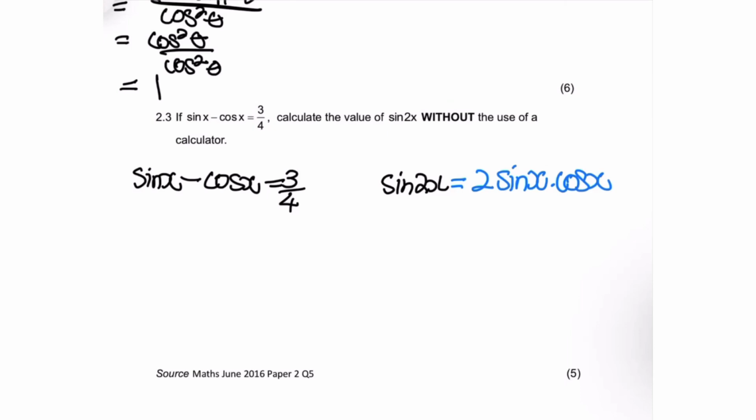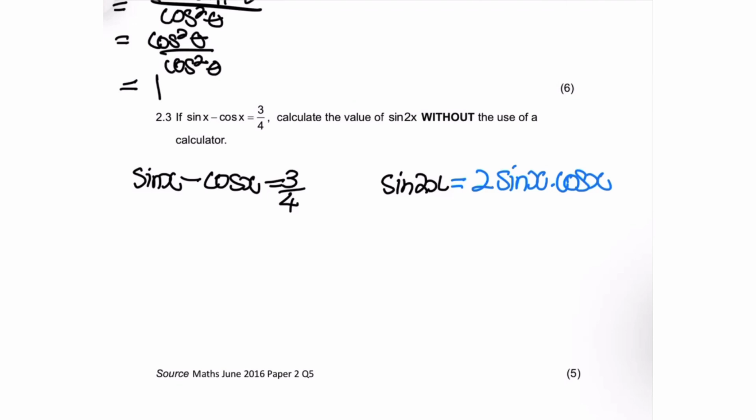Now, the next step is how do we link the information that we have? How do we create, for example, sine x minus cos x from 2 sine x times cos x? Or how do we use sine x minus cos x to create something similar to 2 sine x times cos x?